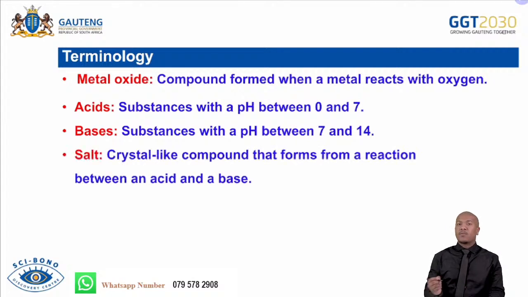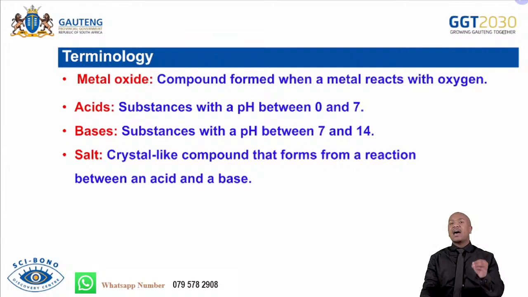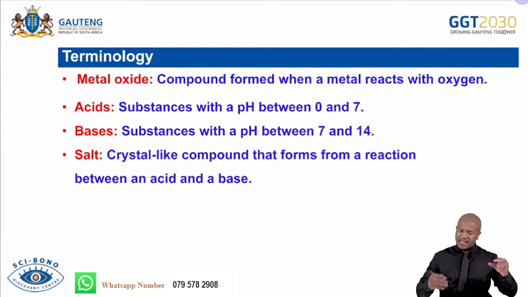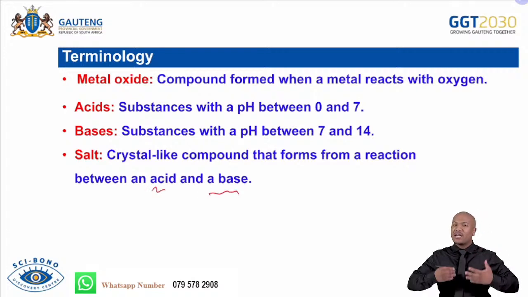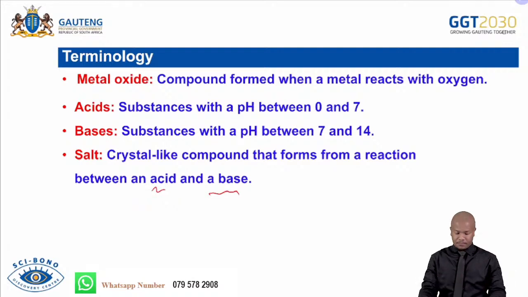Then lastly, salt. Now salt is a crystal-like compound that forms from a reaction between an acid and a base. Are we together? It is a crystal-like compound that forms from a reaction between an acid and a base. So it is one of the products that is found when you react an acid and a base.